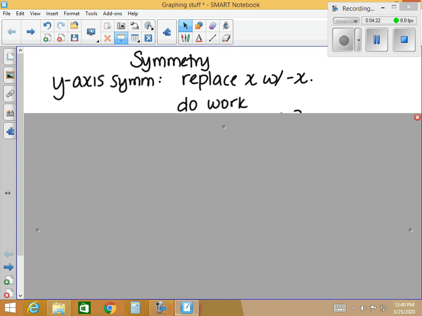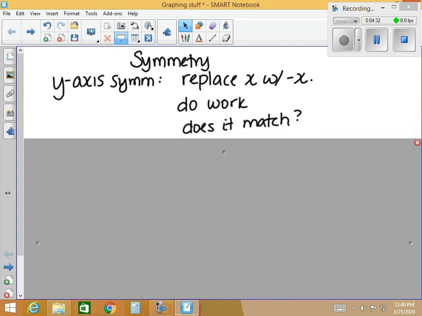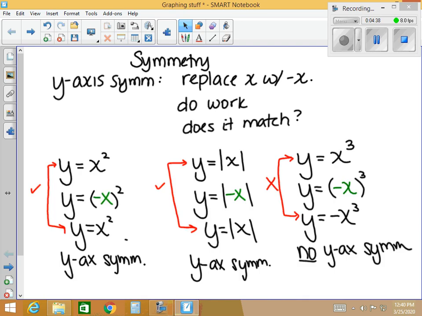Then we're going to do the work, meaning I'm going to raise it to the powers or distribute the two or whatever I need to do. And then I'm going to compare to what I started with. And I say, does it match? Does it match what I started with?